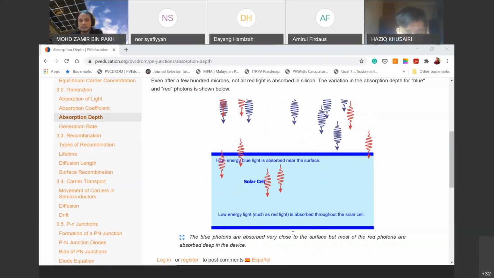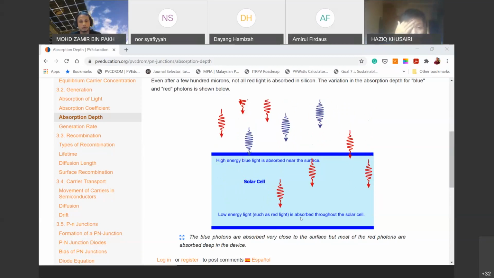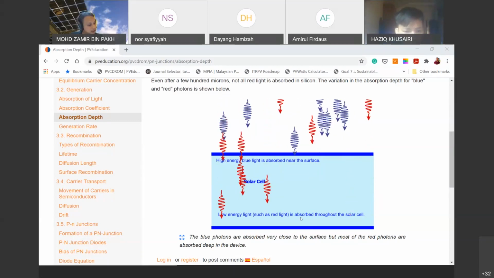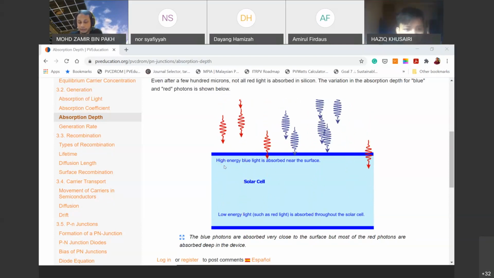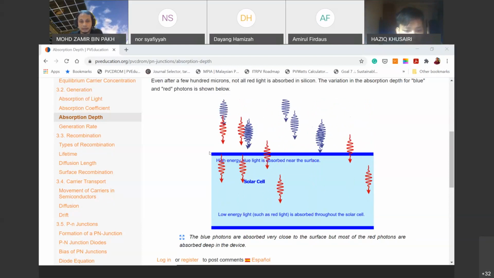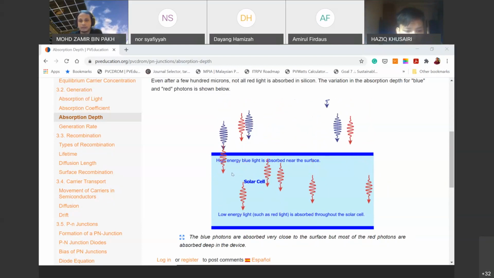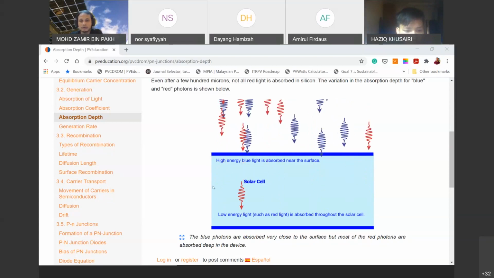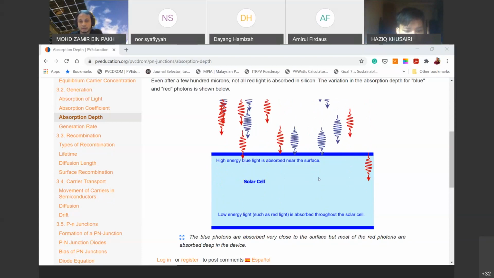Just imagine if your semiconductor material is very thin, okay, this is considered relatively thick. For example, if your semiconductor material is only like here to here, only half or a third of this original thickness, that means the blue photons will be absorbed, but the red photons will not be absorbed.